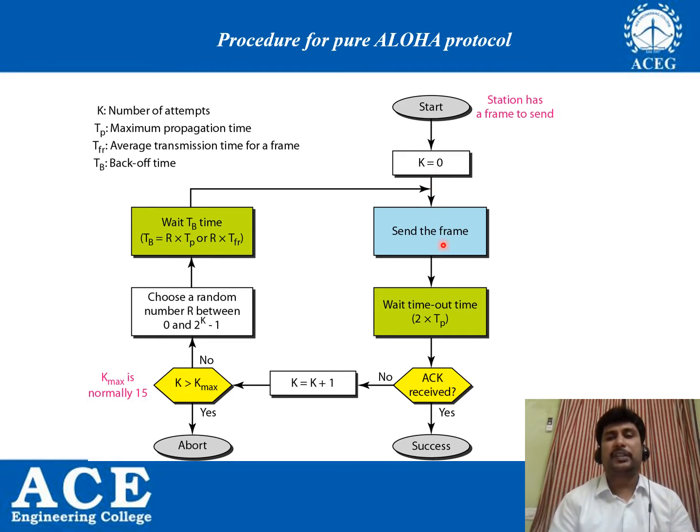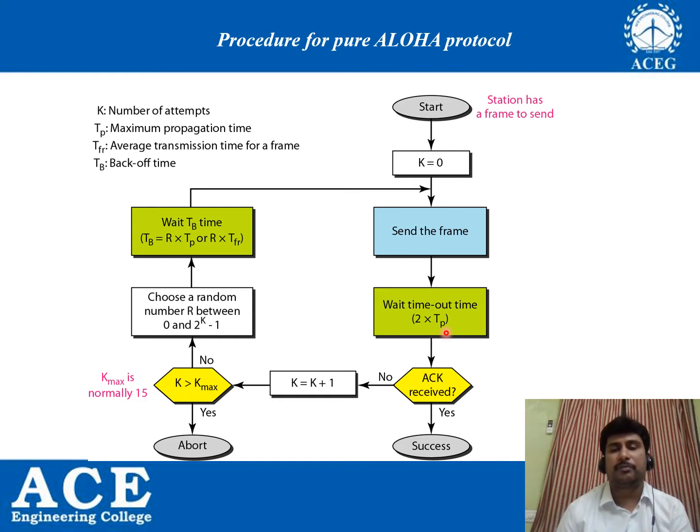Once a frame is sent, pure Aloha waits for a total waiting time of 2 times TP, where TP refers to propagation time. The maximum propagation time is the time taken for a frame to travel from one end of the network to the other end. So we are waiting for a time equal to twice the propagation time, and in the meantime, we verify whether we receive the acknowledgement or not.